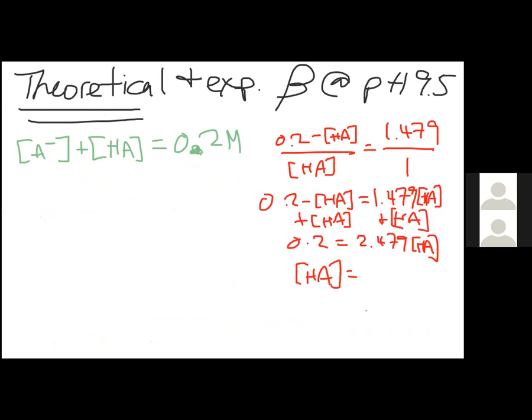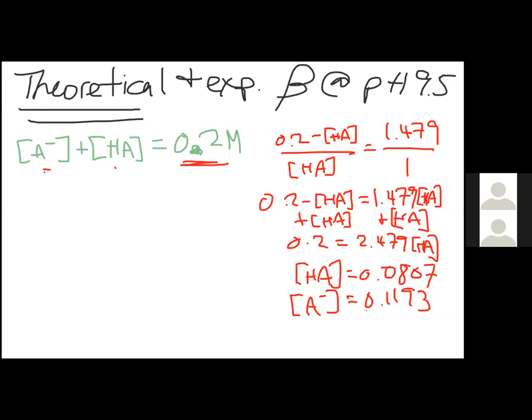It is 0.0807 molar. This leaves me the conjugate base concentration. Remember, the sum of these two has to equal 0.2 molar. Therefore, the concentration of the conjugate base species needs to be 0.1193 when I solve for this.